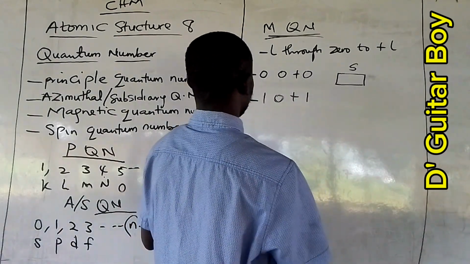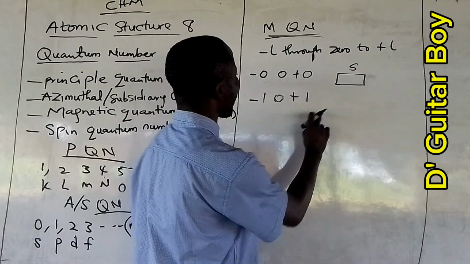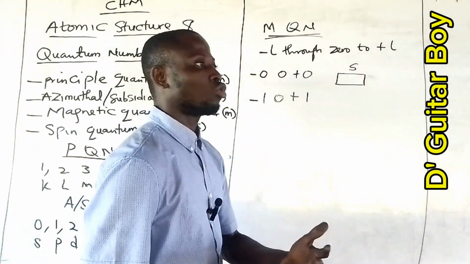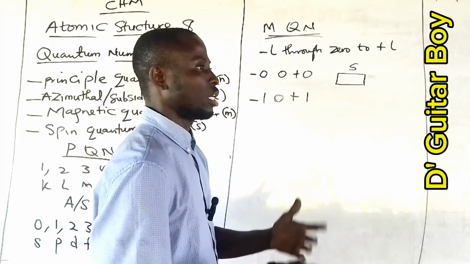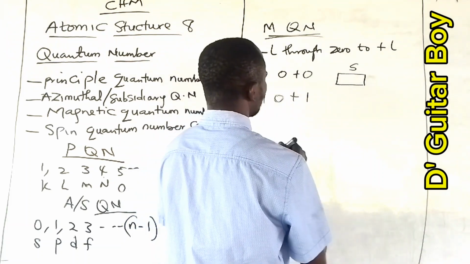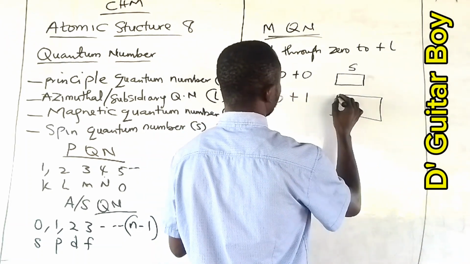It shows that the p orbital has 3 degenerate orbitals, because all the values here are different. In that bedroom, you have the wardrobe, the toilet, and so on, depending on the atom. Since all these numbers are different, you say they have 3 degenerate orbitals.